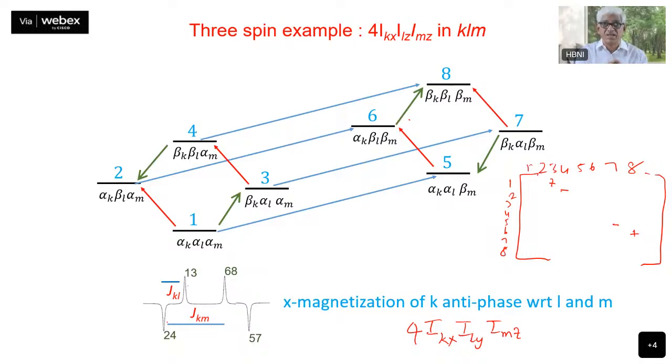So this is the meaning of 3-spin operators. And the 3-spin ZZ order, that is hardly come across. So mostly we will be dealing with this kind of situation, or I4, IKY, ILZ, IMZ, that sort of situation will be coming across. This also will depend upon whether it is a linear system or a triangular system, KLM, depending upon what sort of situation we have.